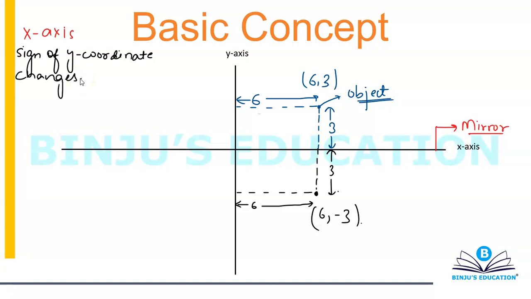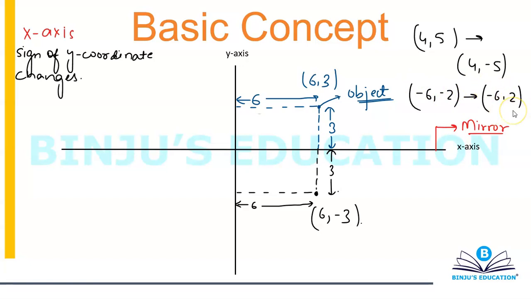So if you have a point 4, 5, then the reflection along x will give you point 4, minus 5. If you have minus 6, minus 2, then reflection along the x-axis will give you minus 6, 2. So whenever you take reflection along x-axis, the sign of y coordinate will always change.